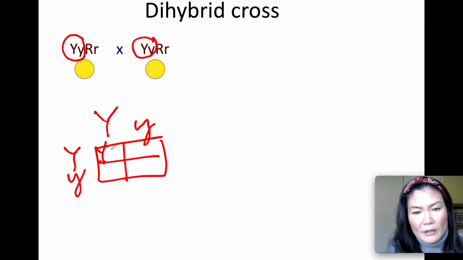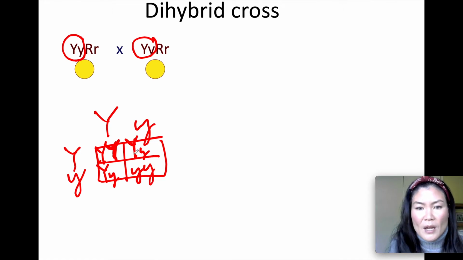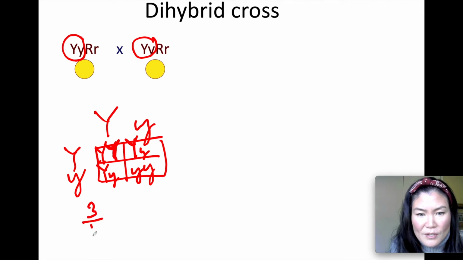So you're going to get big Y, big Y, big Y, little y, big Y, little y, little y, little y. So here I can see that it's 3/4. So 3/4 is going to be yellow, right? And then 1/4 is going to be green.